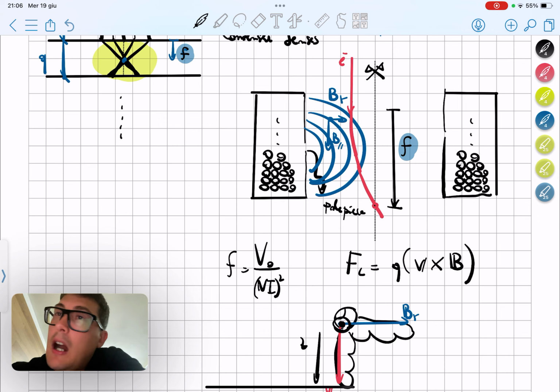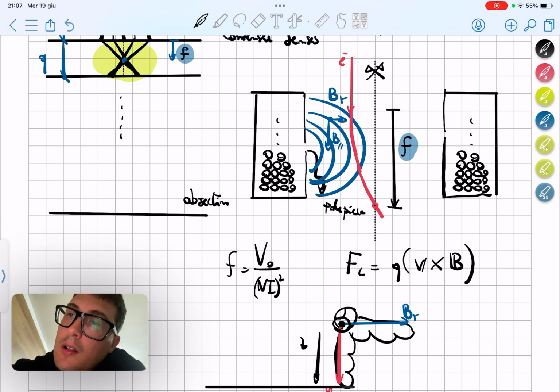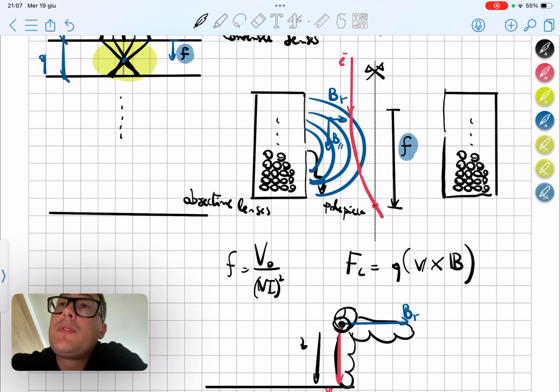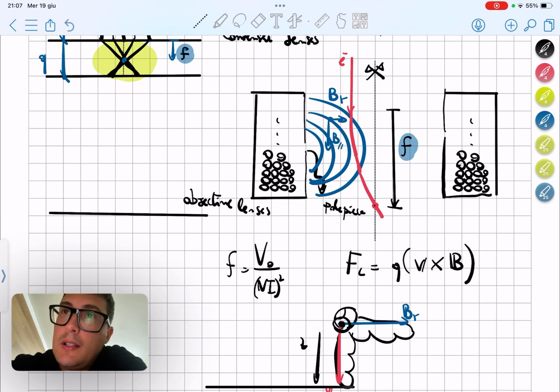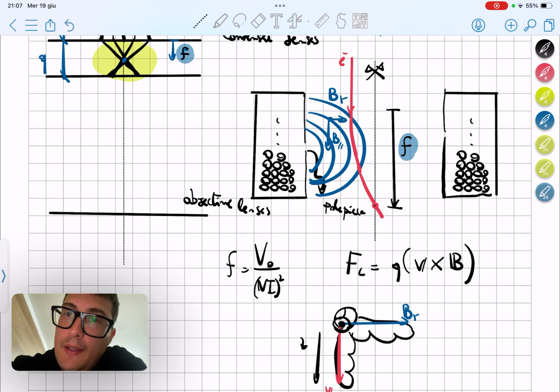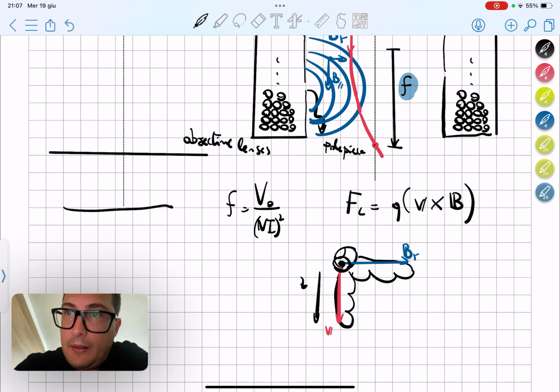Okay, let's introduce the other lenses, which are located maybe here. We call these objective lenses. There are different types of these lenses, pinhole, snorkel, immersion, each of which has its own peculiarity, but I do not want to go into detail because I want to keep it at an introductory level.